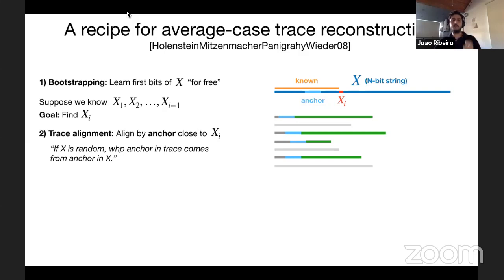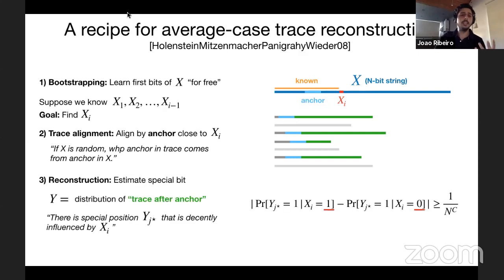And one key property here that I want to stress is that in this green part, xi is one of the very first bits, and that's what you exploit to reconstruct xi with few traces.